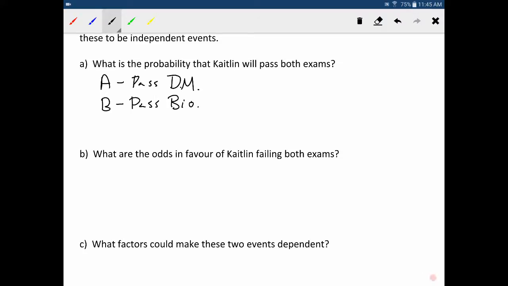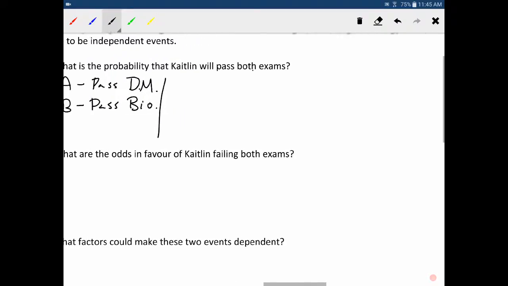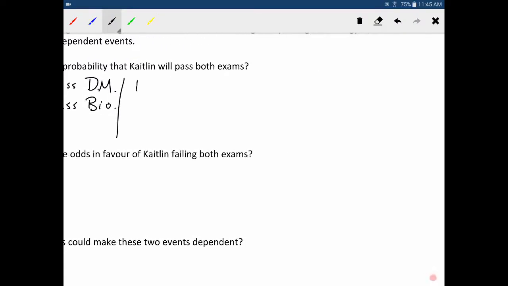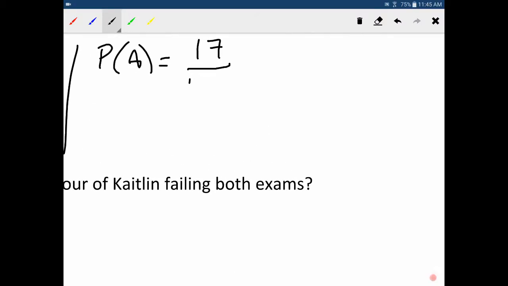We don't really want the odds of these things because we're going to work with probability. So I'm going to convert them. I'm going to say the probability of A is going to be, so there were 17 ways that she could pass data management, and then the total number of outcomes, well, it was 17 to 3, so on the bottom we're going to have the 17 plus the 3, so it's going to give us 17 out of 20.